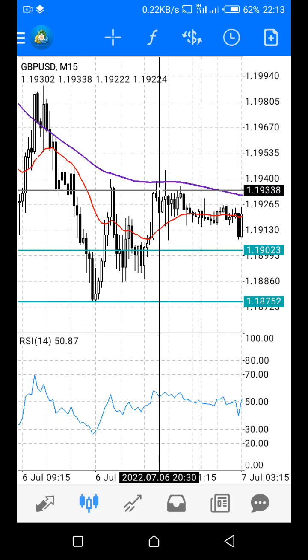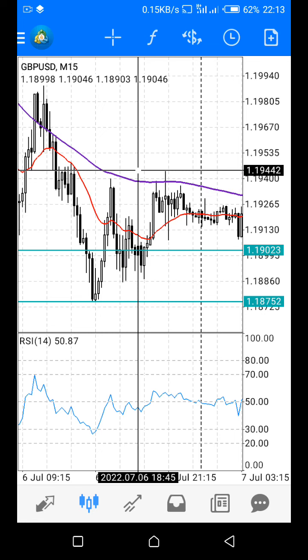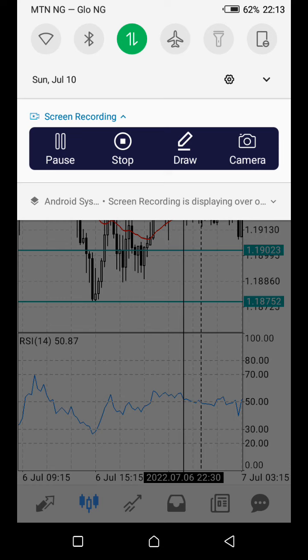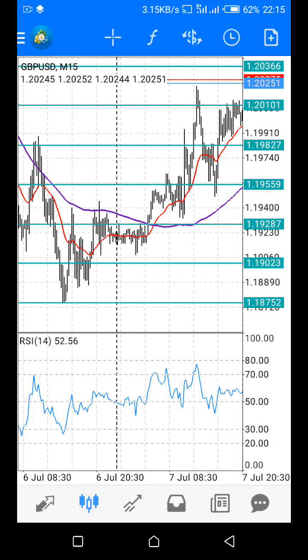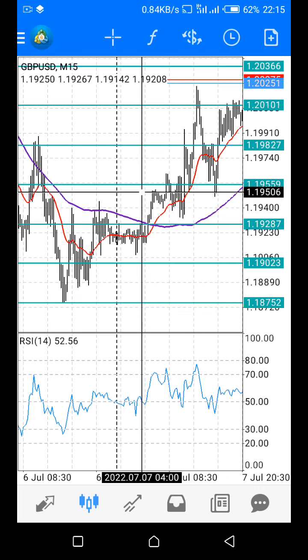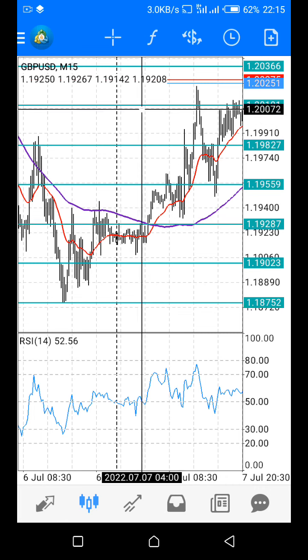Now we are going to get the second resistance level, which I'll call R2, then R3, and so on. Now I have brought in all my levels. The first is R1, then R2, R3, R4, and so on.